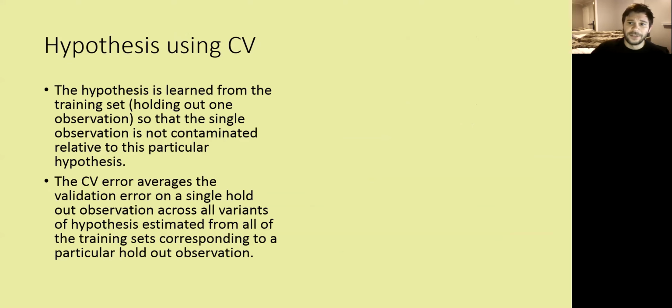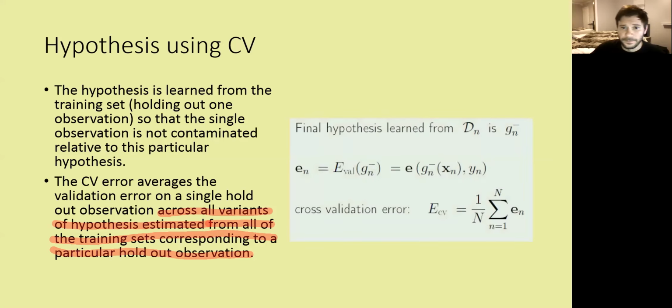And the cross-validation error here averages that validation error on a single holdout observation across all possible variants of the hypothesis we estimate, across all the different B parameters we could get from every training set corresponding to a particular holdout observation.